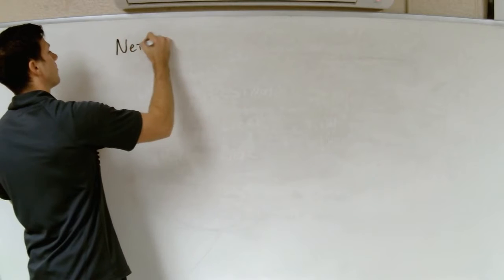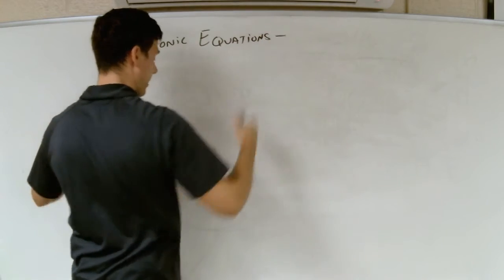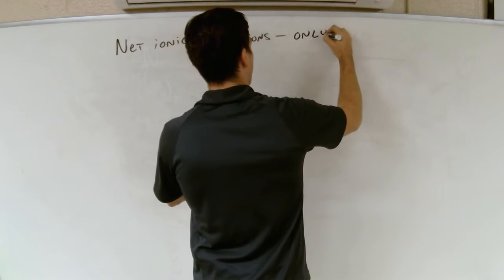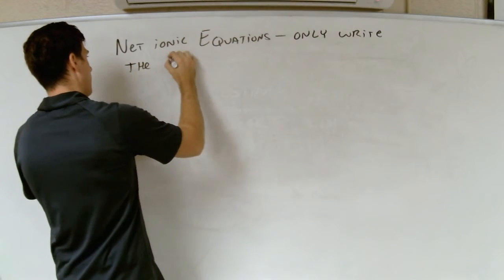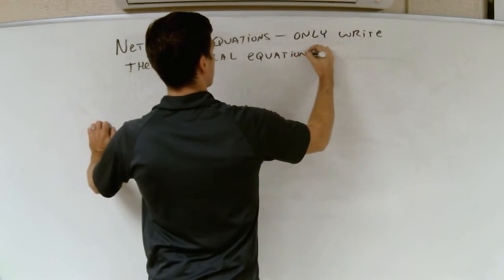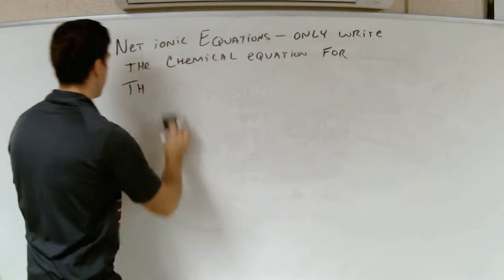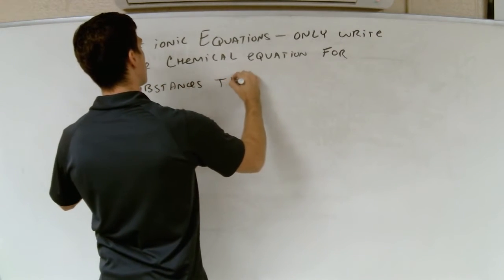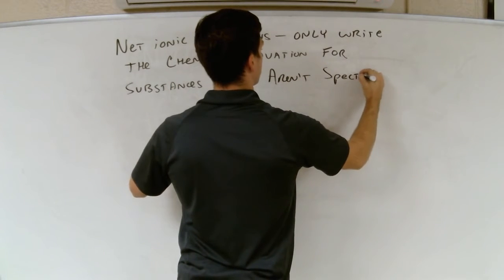What are net ionic equations? These are just equations where we only write the chemical equation for substances that aren't spectator ions.